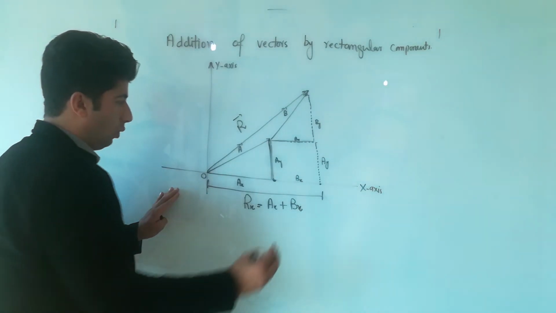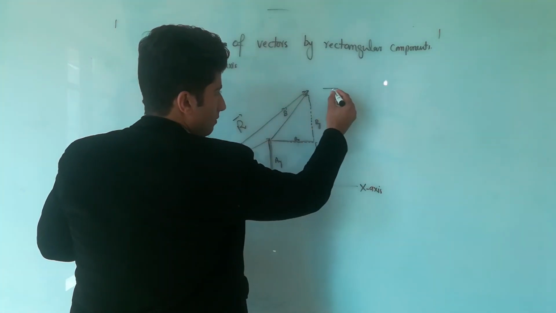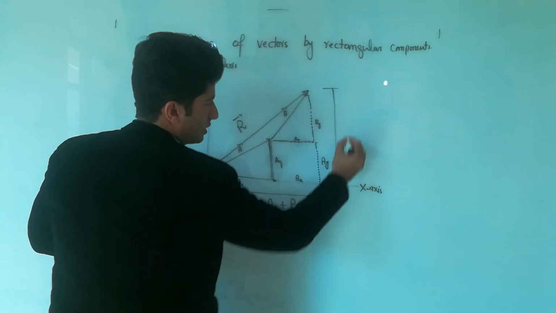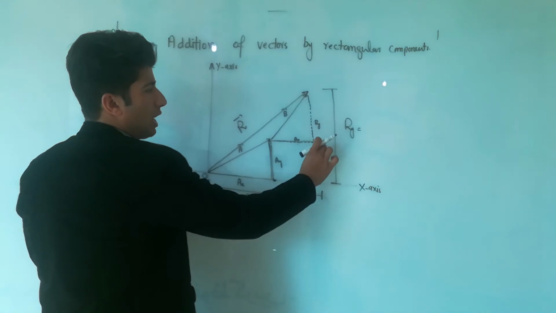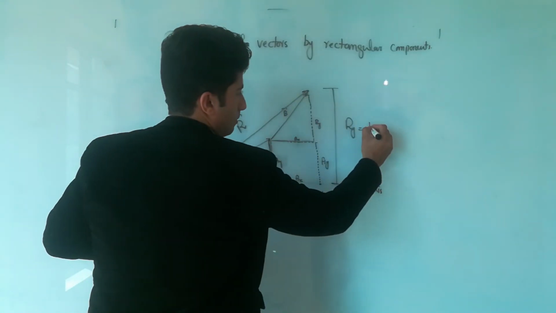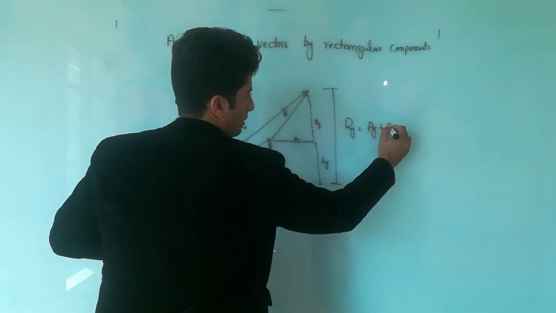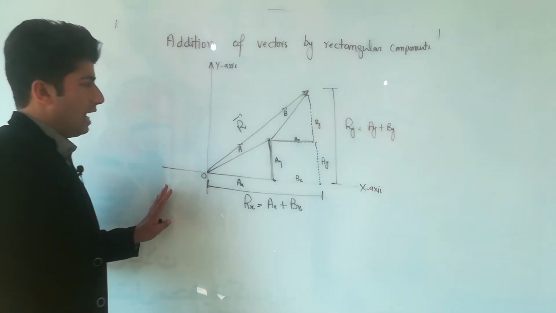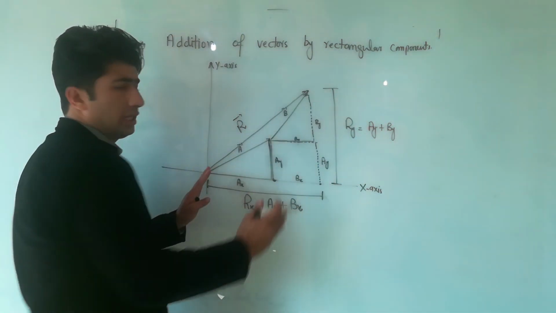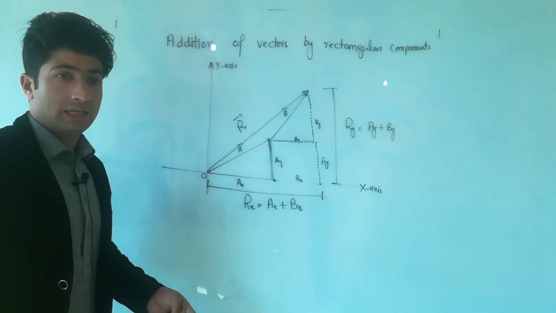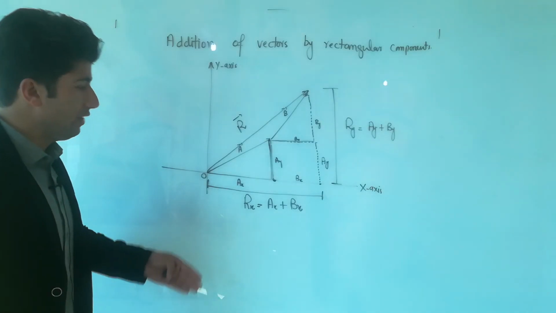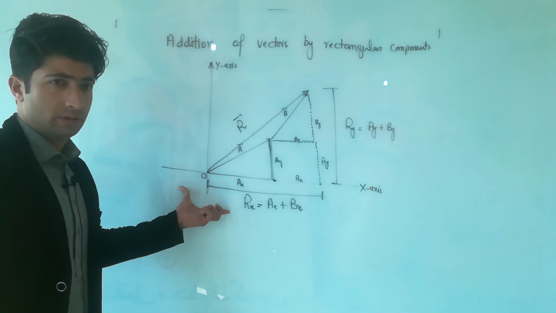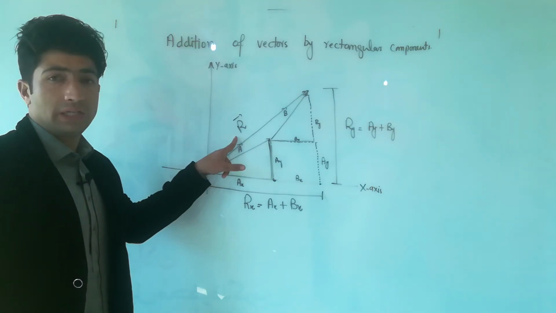Understand? What will be along the y-axis? This will be Ry, and Ry will be equal to ay plus by. And again this is a triangle, so here we can apply the Pythagoras theorem. When we apply it, what will be the magnitude of this R?